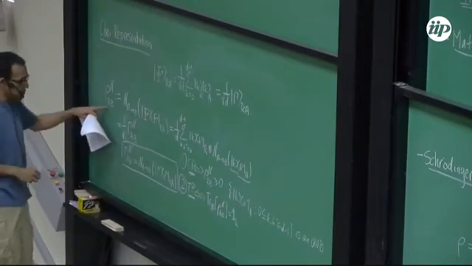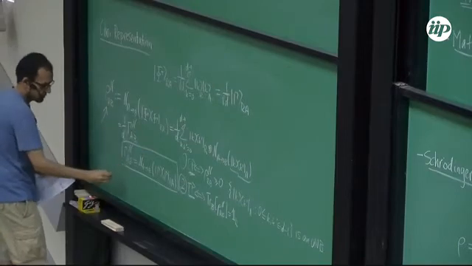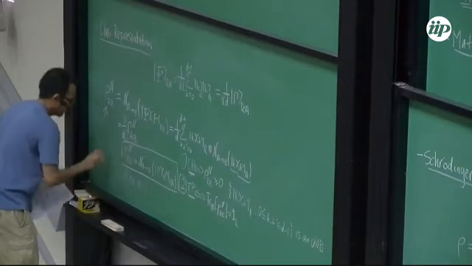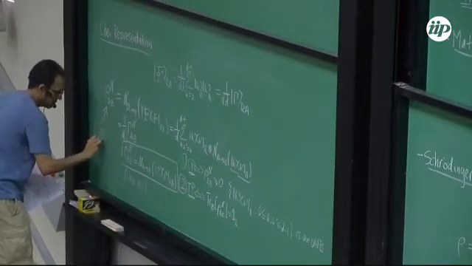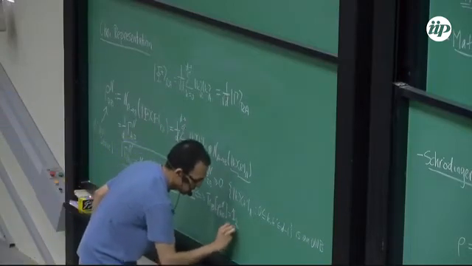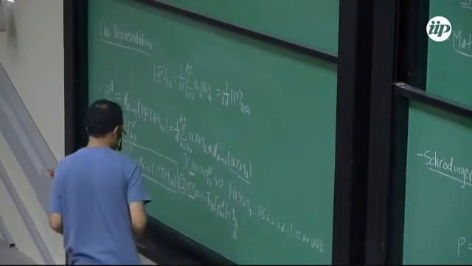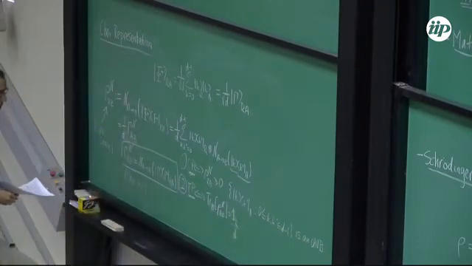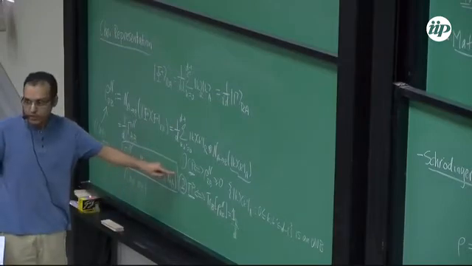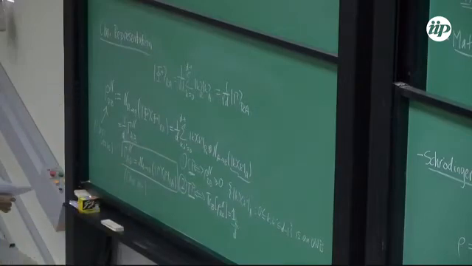And because this object is normalized, we call it the Choi state. So this is the Choi representation. Right, so these are two important facts related to quantum channels in terms of the Choi state.